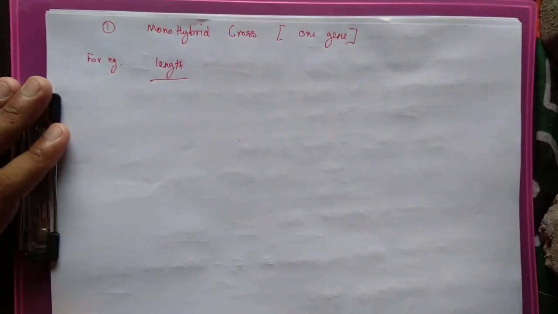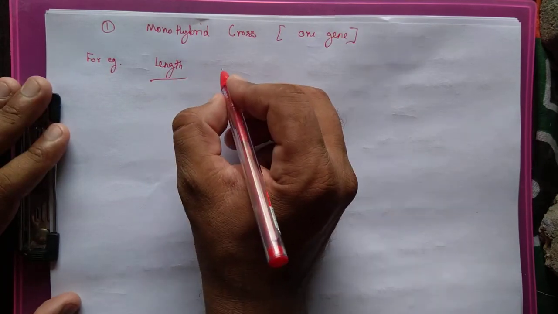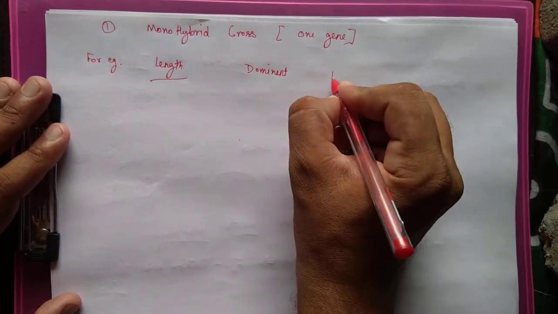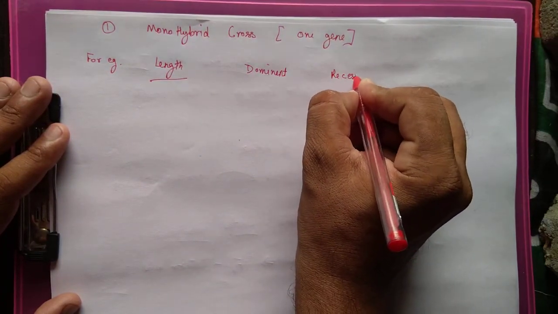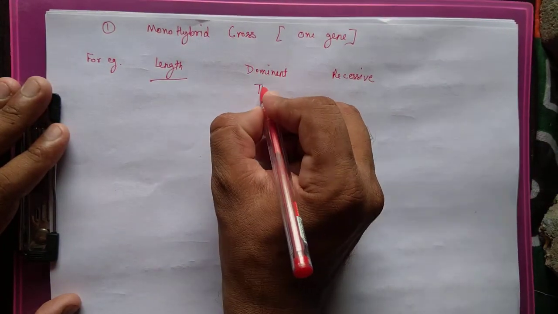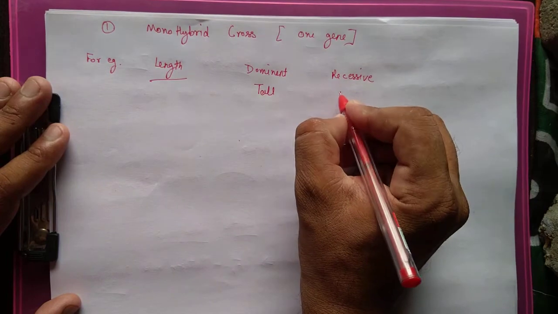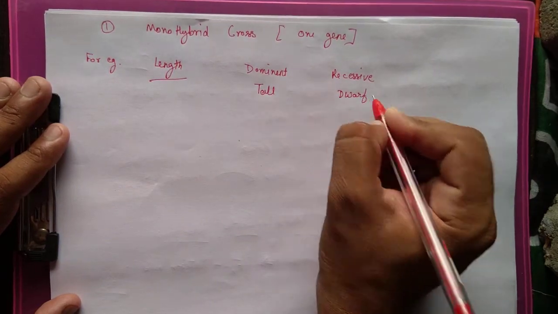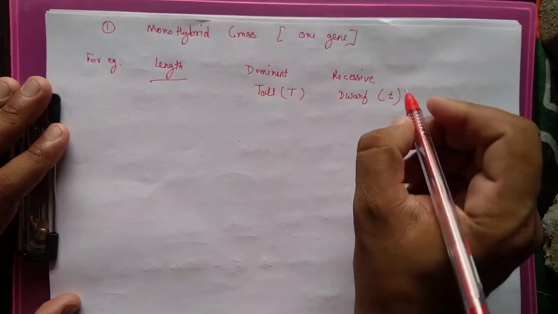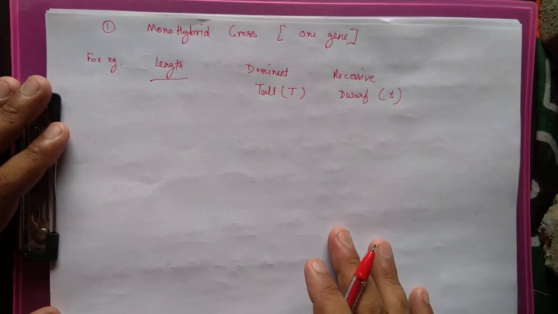The trait is length, and the trait for length has two alleles, dominant and recessive. For length we use tall and dwarf. The symbol is capital T and small t.